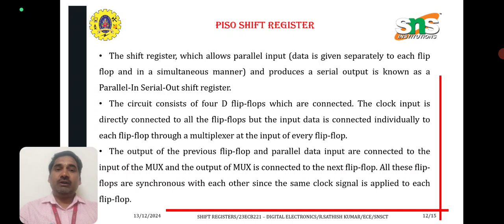The clock input is directly connected to all the flip-flops. The input data is connected individually to each flip-flop through a multiplexer at the input of every flip-flop. The output of the previous flip-flop and the parallel data input are connected to the input of the mux, and the output of the mux is connected to the next flip-flop. All these flip-flops are synchronous with each other since the same clock signal is applied to each flip-flop.